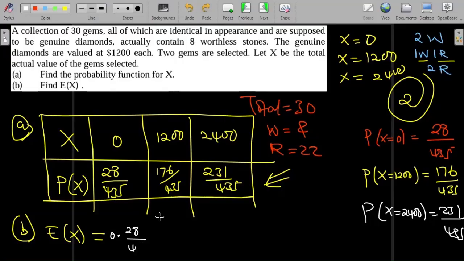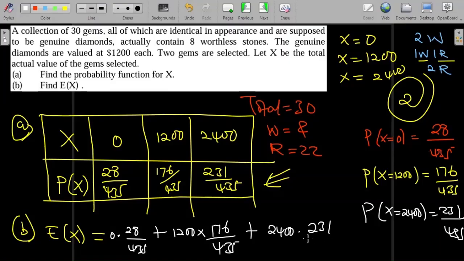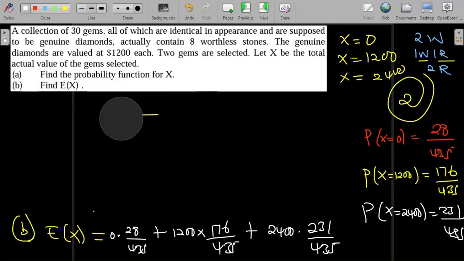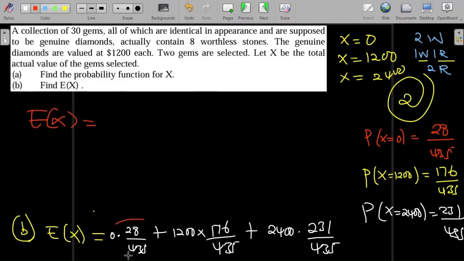Let me write it properly: 0 times 28 over 435, plus 1200 multiplied by 176 over 435, plus 2400 multiplied by 231 over 435. Right, so that's what we have. Let's expand to find the value of the expected value of x. The first one just becomes 0 plus, okay, use your calculator here.